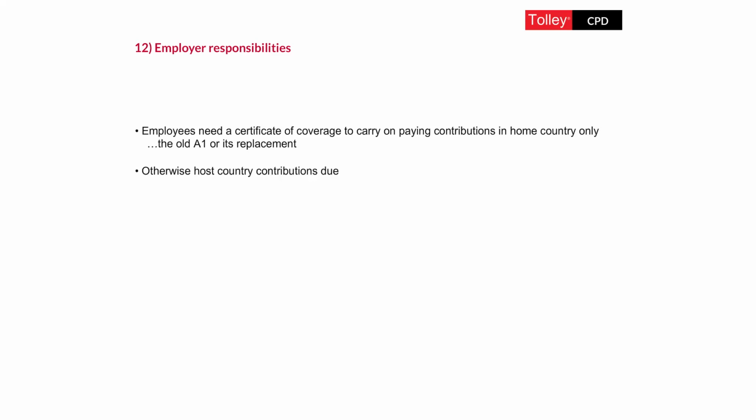Without that, then host country contributions will be due, i.e. where you're working. So UK companies sending their staff to the EU need to know the rules. They need to know the UK rules and obviously where they're going. We should still have this pay national insurance in the UK if it's, say, a 12-month posting or an 18-month posting. That fundamentally stays the same.